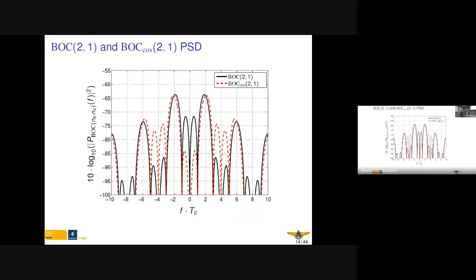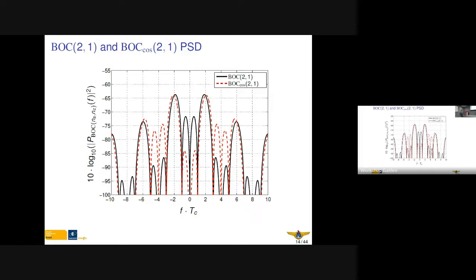In general, you have already signals at the center, so at the carrier frequency. So you want to distribute maybe signals outside of the spectrum at the center from other services. So these BOC cosine waveforms are very popular to distribute the power more to the band edge.